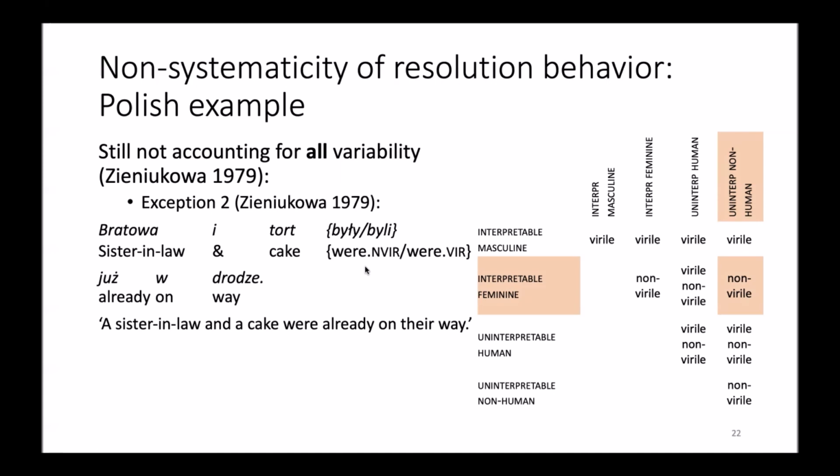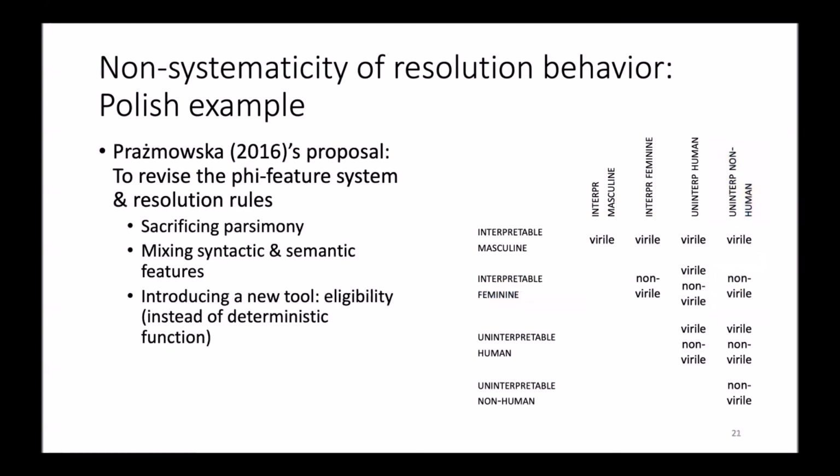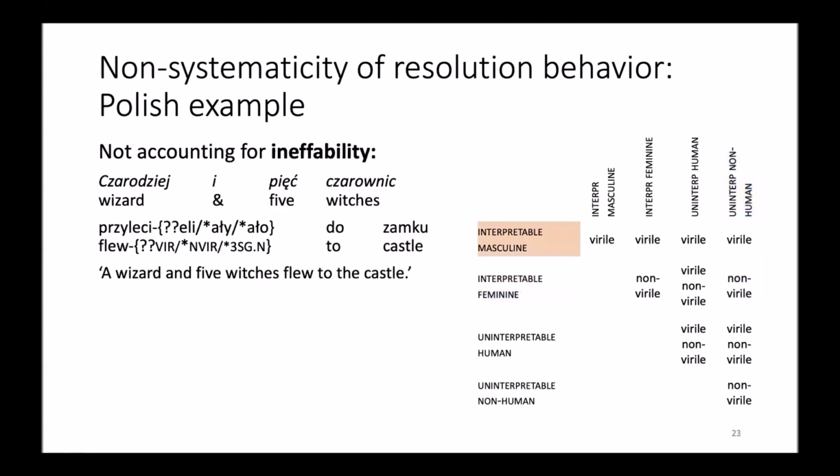But again, this is not the only variant. Speakers produce and accept a viral variant as well. And this is not something that the traditional nor the revised, more powerful proposal predicts to be the case. To add to this, let me add one more example of a different guise of this non-systematicity of resolution, namely ineffability. Here we have a sentence, 'a wizard and 5 witches flew to the castle.'